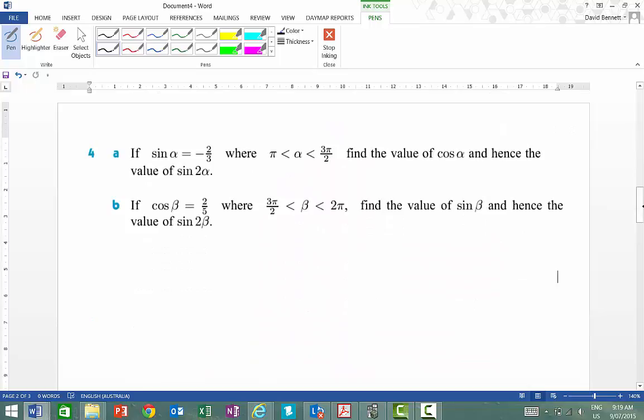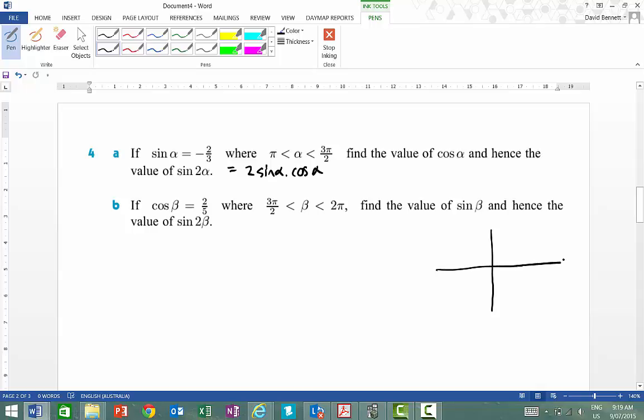Then coming down to something like question 4, if you've got a sine theta, and this is where I was probably working before, then I have to work out what sine of 2a is. Now I know that automatically is 2 sine alpha cosine alpha. And I know my angle is between pi and 3 pi over 2. So for this one here, I need to use my unit circle.